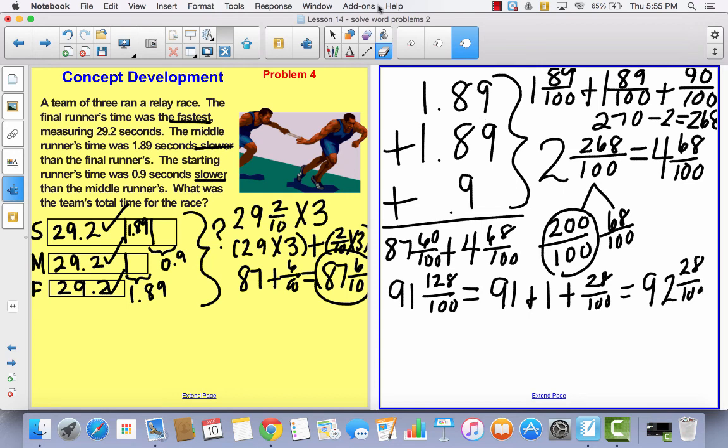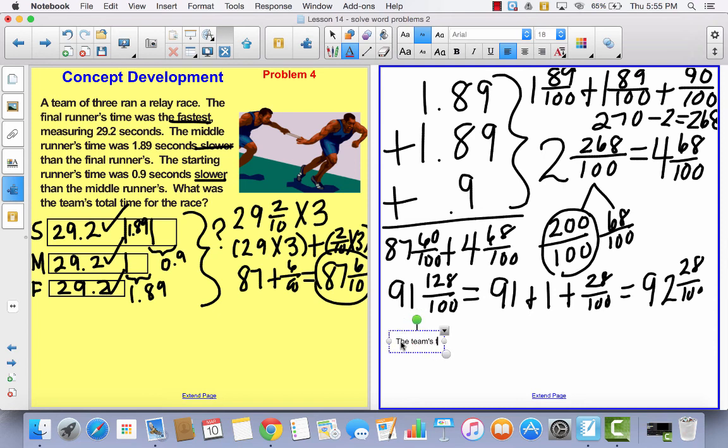Now all we have to do is just write our sentence. Okay, so what was the team's total time for the race? The team's total time for the race was 92 and 28 hundredths seconds.